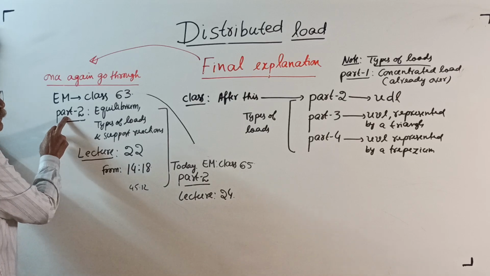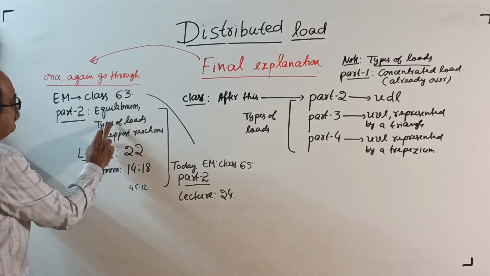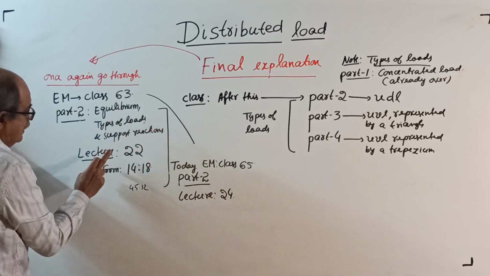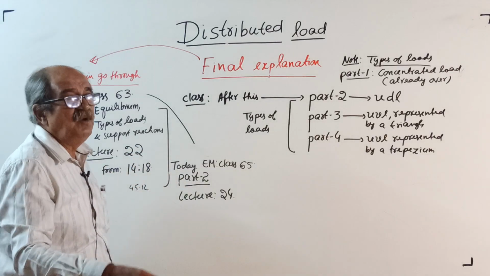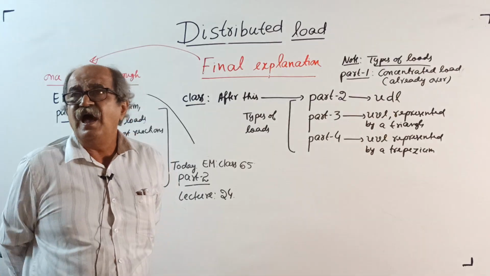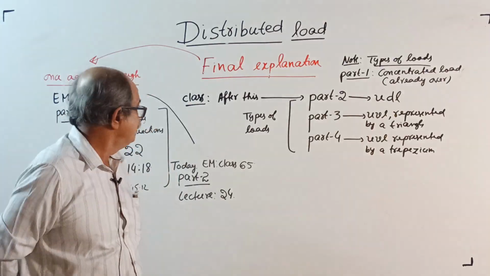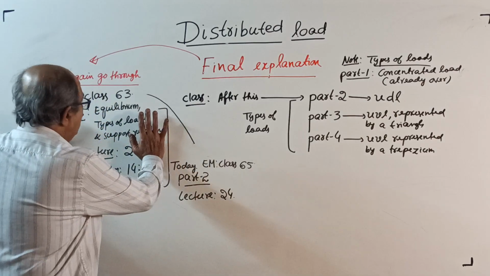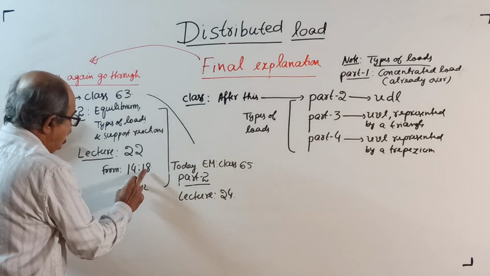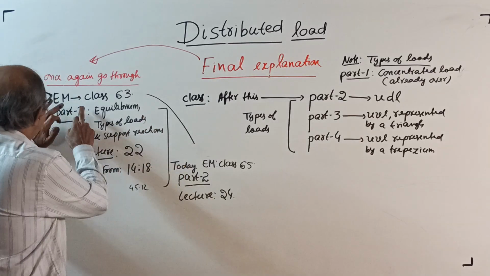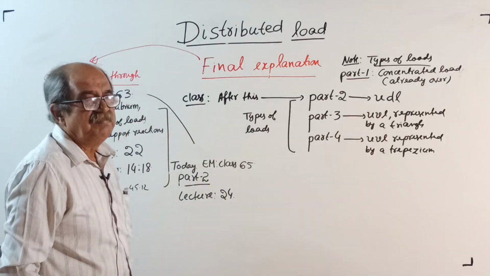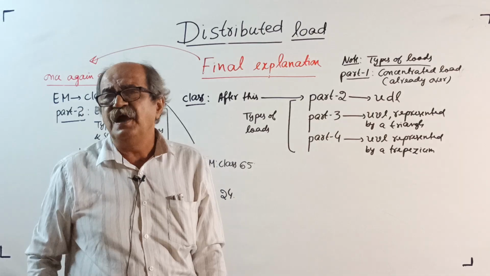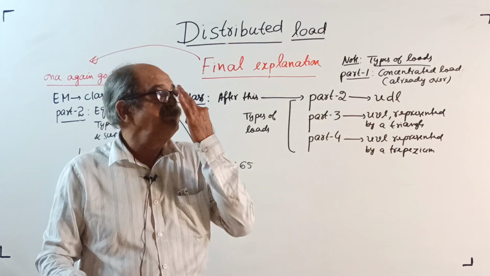This is the main part 2: equilibrium, types of loads and support reactions, lecture 22, from 14:18 onwards. I told this in yesterday's class as an advice, as a warning. I need not tell it again.